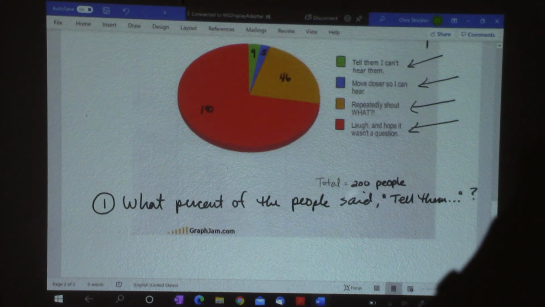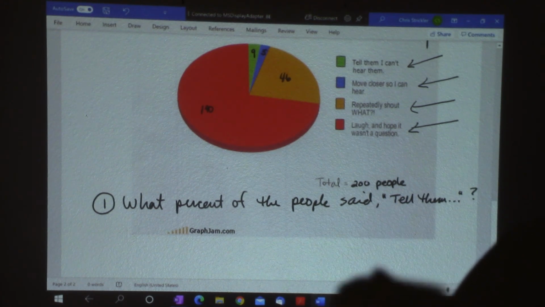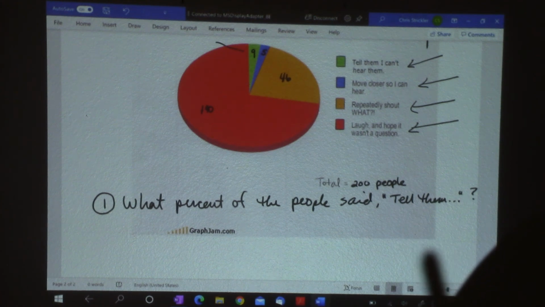Okay, well, let's figure that out. What have I got here? I've got 9. 9 people responded with that answer out of 200. So I can use those numbers to figure out my percentage.